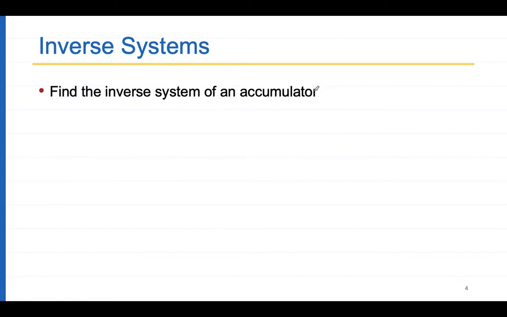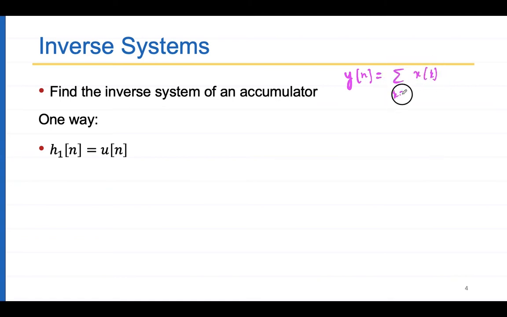Now let us look at one example of how to find the inverse system. For example, if my h1 is an accumulator, then this means my h1 is simply a unit step function. If you remember, an accumulator is basically y of n equal to the summation of x of k, k goes from minus infinity to n.